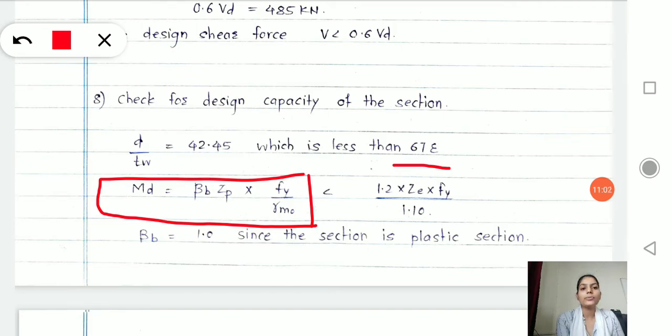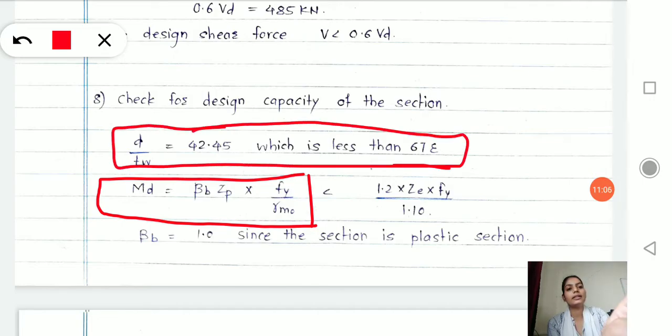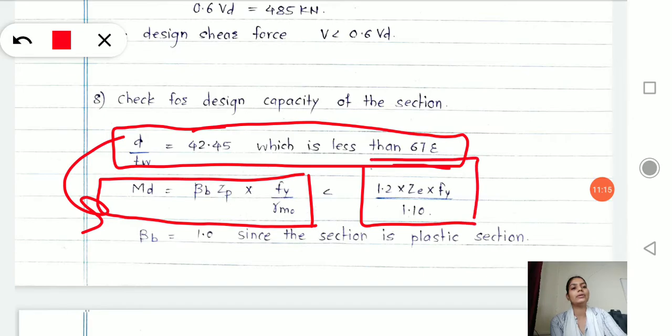Only if this condition is satisfied can we use this second formula. And that formula needs to be cross-checked with this value: the design moment needs to be lesser than this ratio.